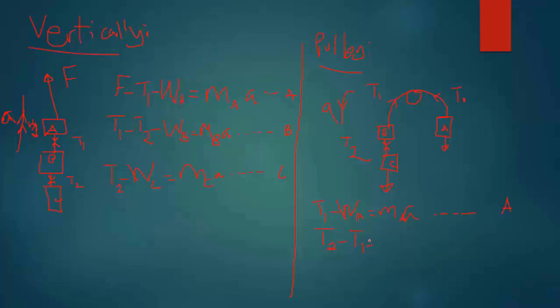So itakuwa ni plus weight ya B. So eventually kwenye driving forces tutakuwa na T2 plus weight B, ndio zitakuwa zina drive hiyo motion. T2 plus weight ya B ndio zitakuwa zina drive hiyo motion, is equal to mass ya B times acceleration. This is for B.